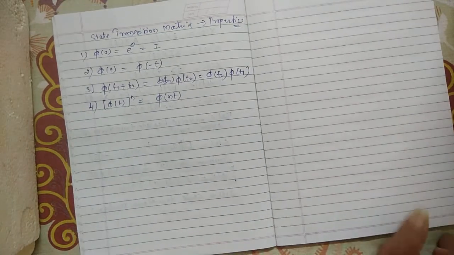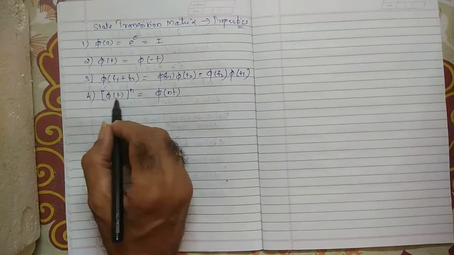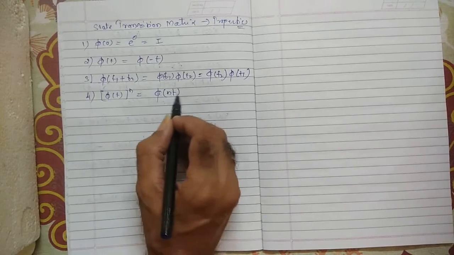So this is another property of the state transition matrix. Phi of t raised to n equals phi of n times t.